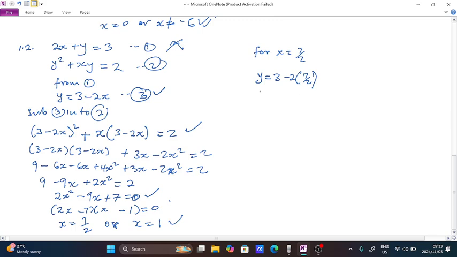So now y equals, this will cancel, and then we have 3 minus 7, and we get minus 4 again. Then for x equals 1, we say y equals 3 minus 2 into 1. So y equals 1.